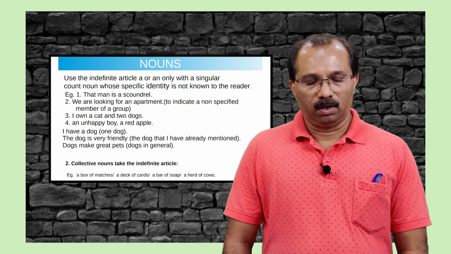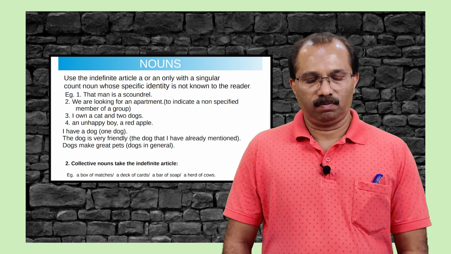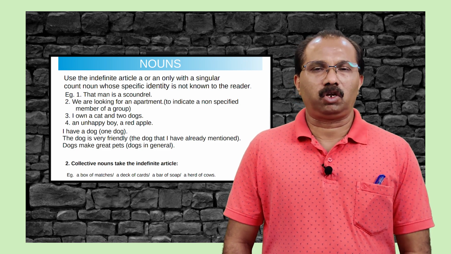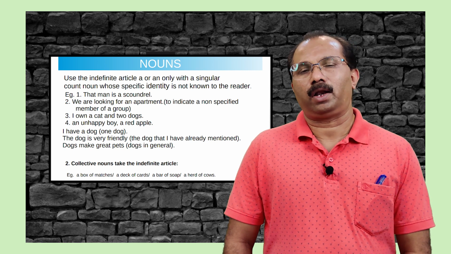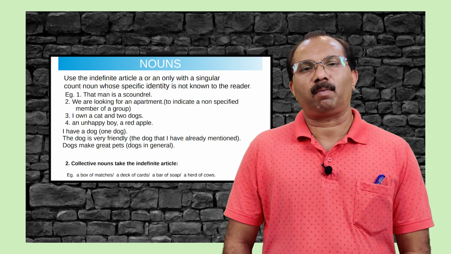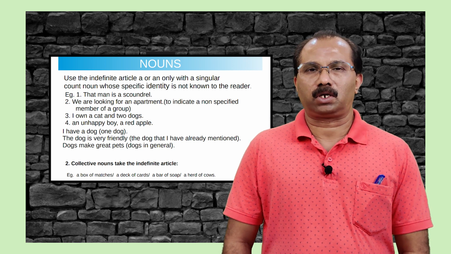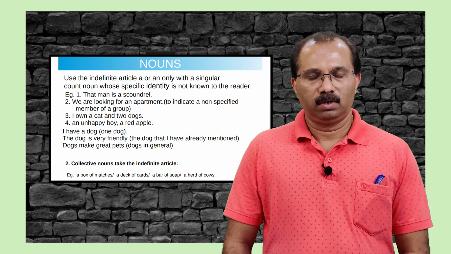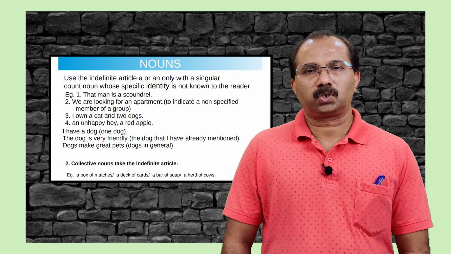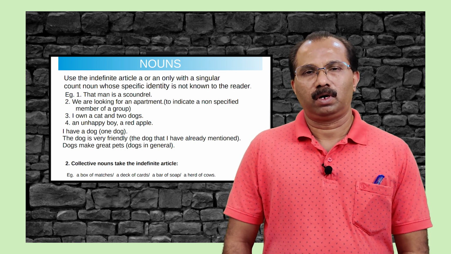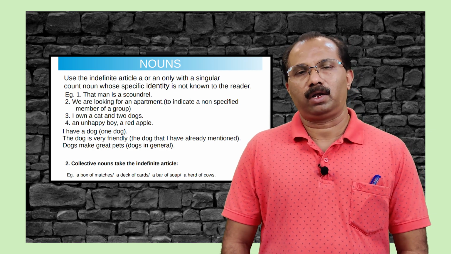Then another one, an unhappy boy. There can be an adjective between an article and a noun. See, an unhappy boy. Between the article an and boy, there is the adjective unhappy. So also a red apple. Red is an adjective between article and noun.